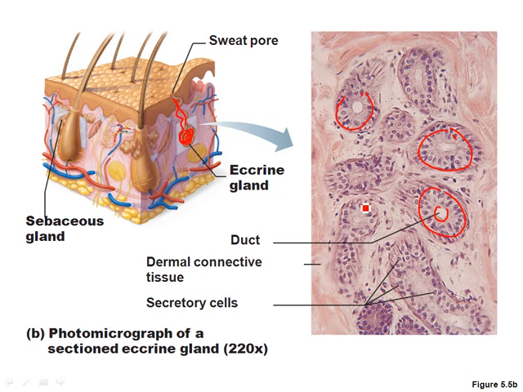So you may see something like this, and these are the eccrine sweat glands. And you'll notice they're not associated with the hair. That's very important. Eccrine sweat glands have no hair associated. They don't have to be near a hair. Think about it. Do you have hair on your palms?